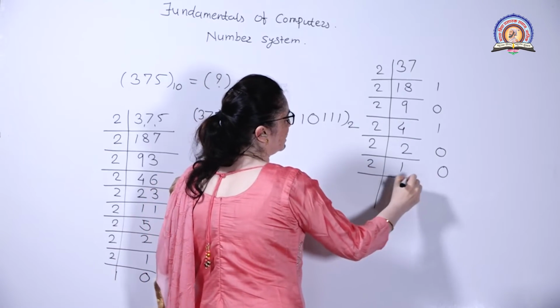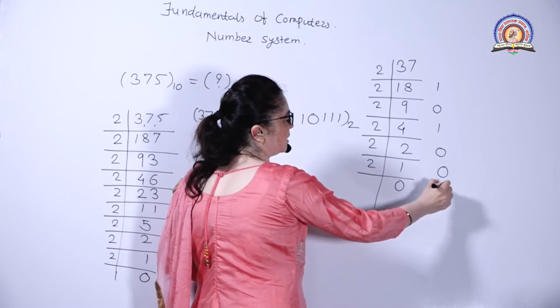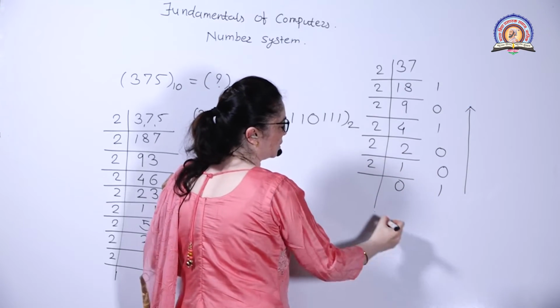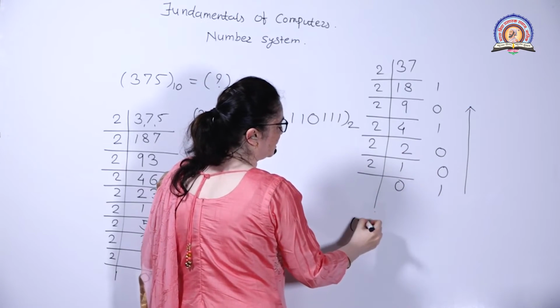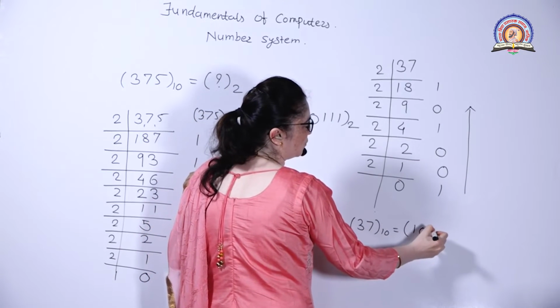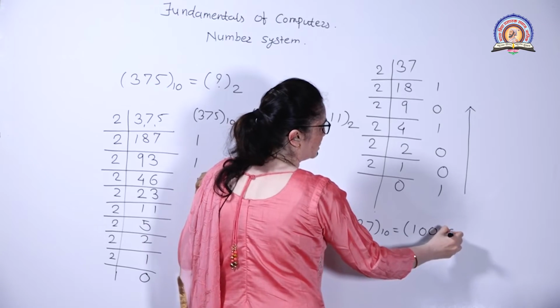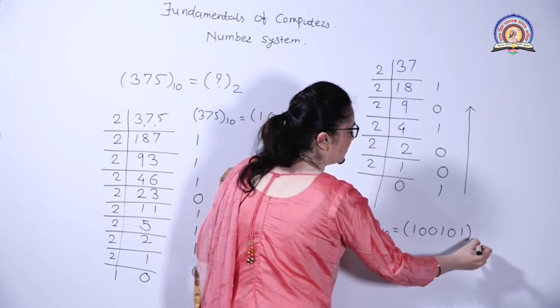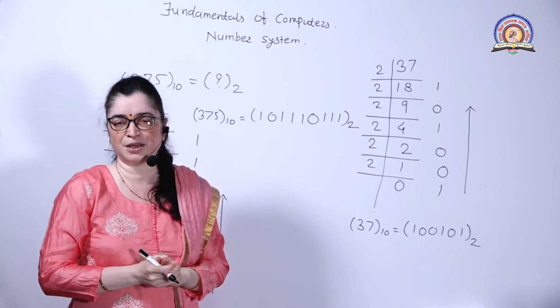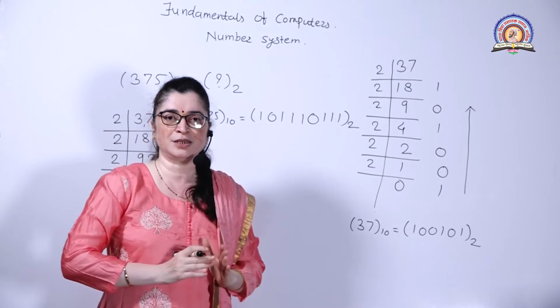Here the quotient will become 0 and the remainder is 1. Write down the numbers in reverse order. So when we consider decimal number 37, its binary equivalent is 100101.